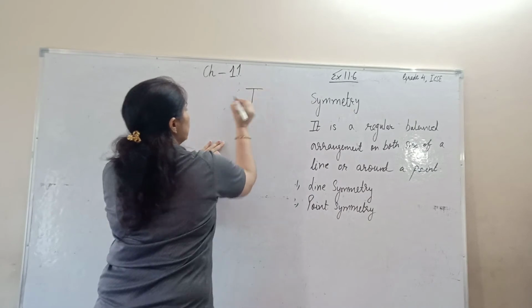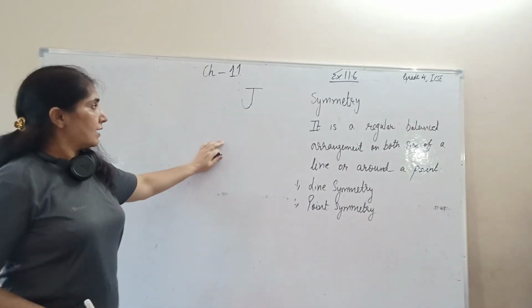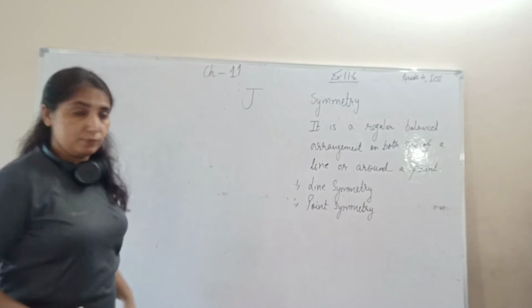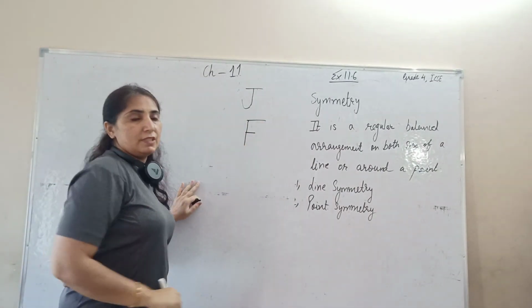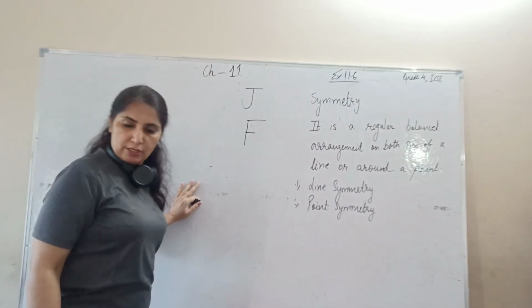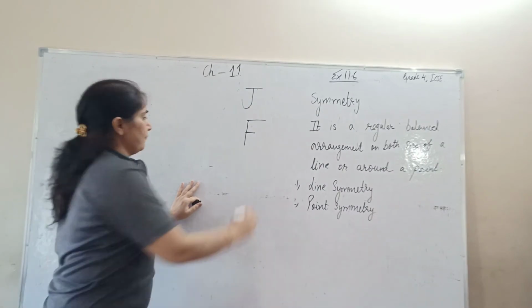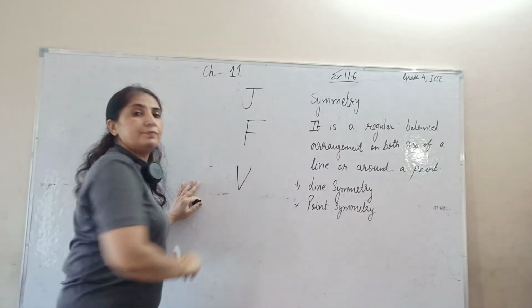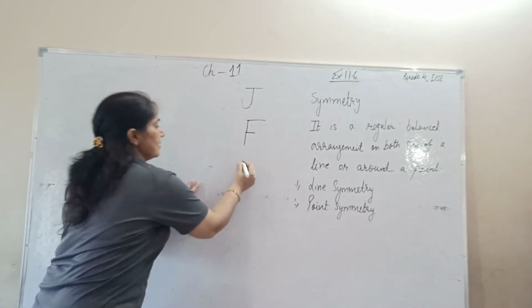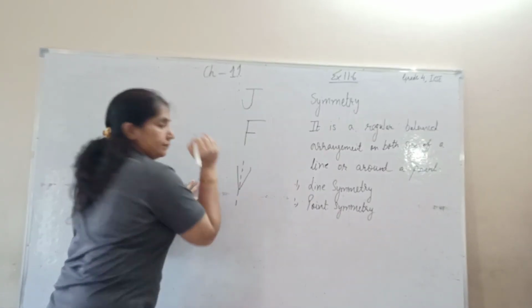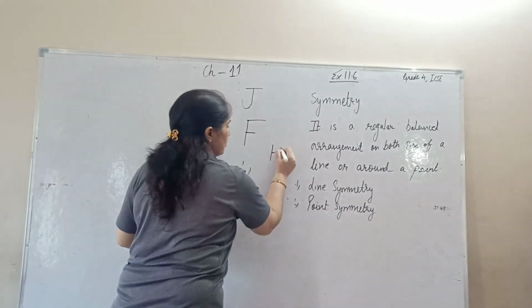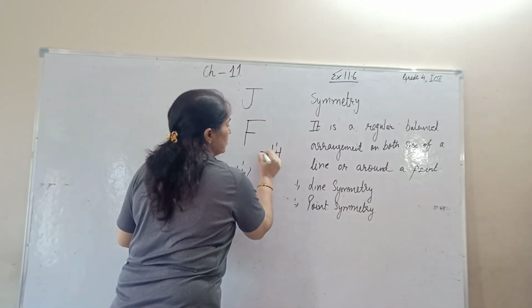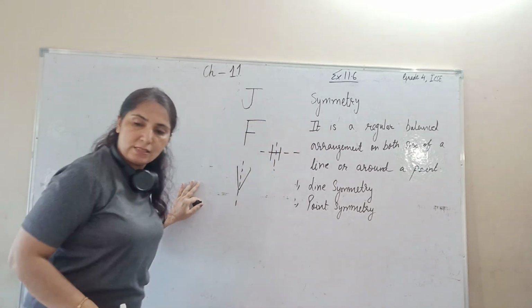If I have letter J, I cannot divide it in 2 equal parts. Letter F, it is not possible to make it 2 equal parts. If it's letter V, we can divide it. If I write letter H, we can divide it in two equal halves by two ways.